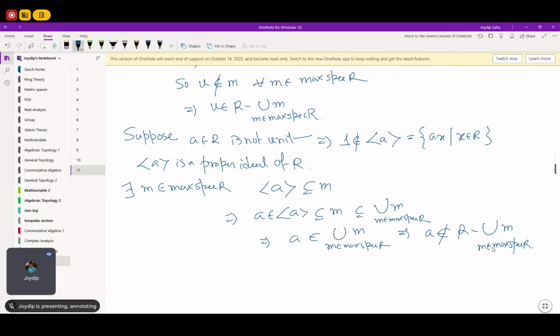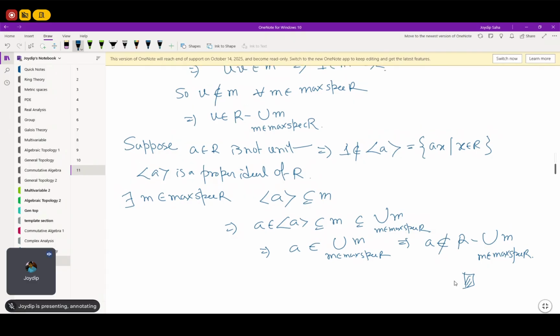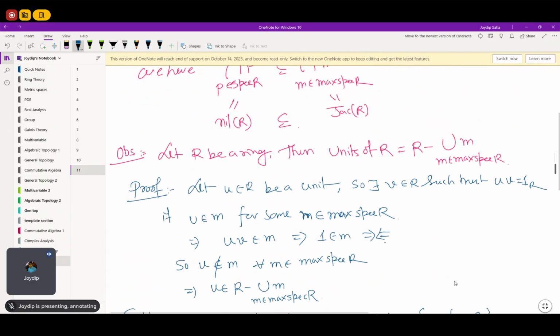So contrapositively, we have proved. Okay. So the units of R is R minus the union of maximal ideals.